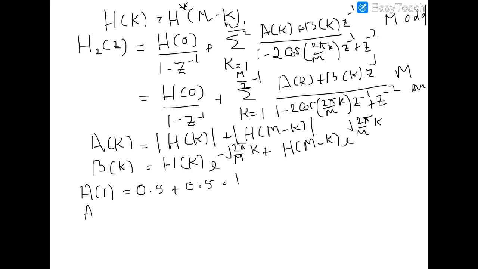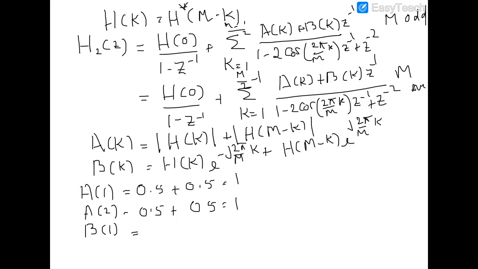A of 2, here the magnitude of H of 2 is also 0.5, and the magnitude of H of 3 also is 0.5, so you get 1.